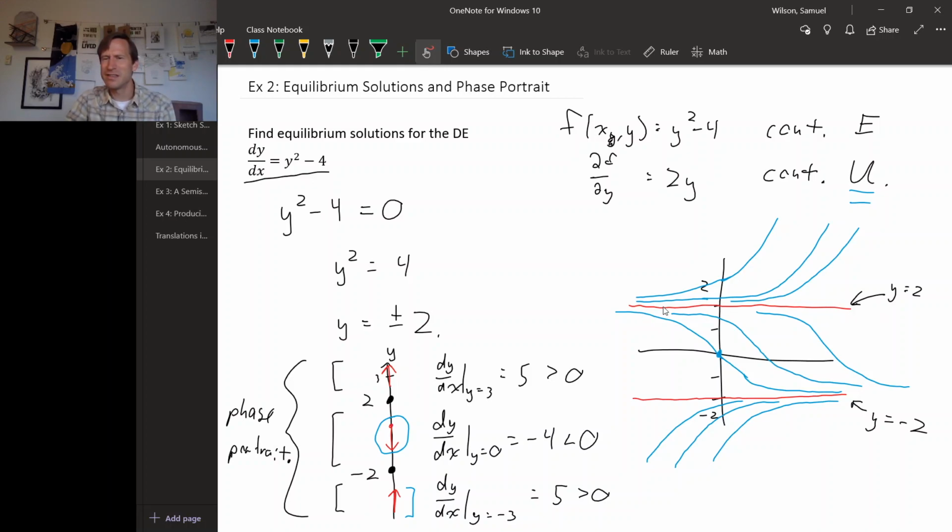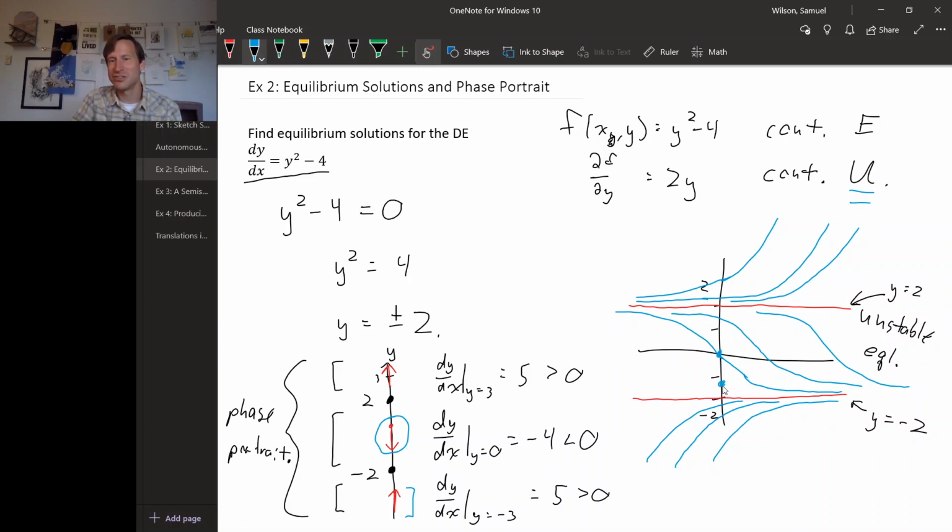So this equilibrium at y equals 2 is driving other solutions away from it. So it is an equilibrium, but if you step off of the equilibrium, you end up further and further away. So this is called an unstable equilibrium, because it is an equilibrium, but as soon as you step off just a tiny bit, you get forced further and further away.